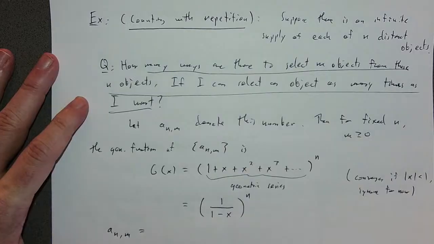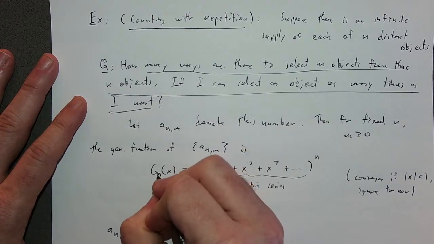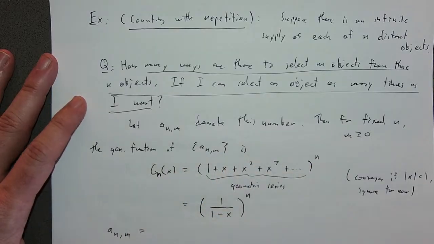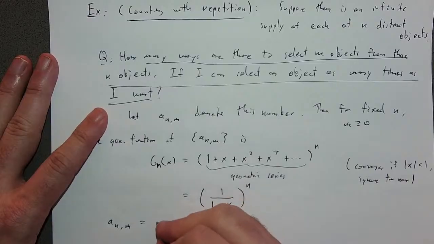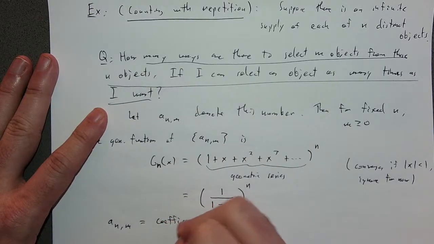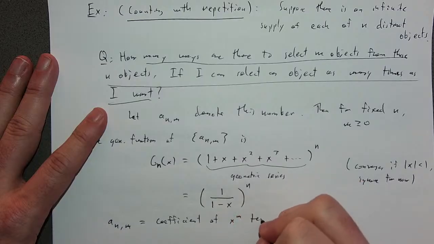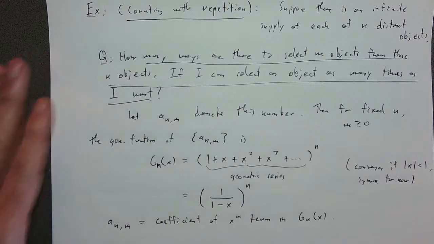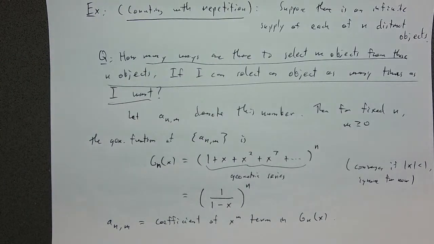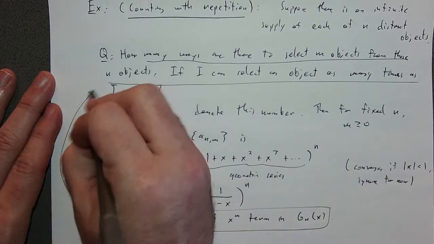If we call this g sub n here, since technically this generating function depends on n as well, but n is fixed here, this is the coefficient of the x to the m term in this generating function. So this is what we're looking for to answer this question that we had up here.